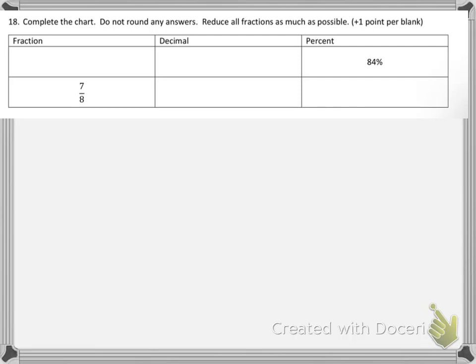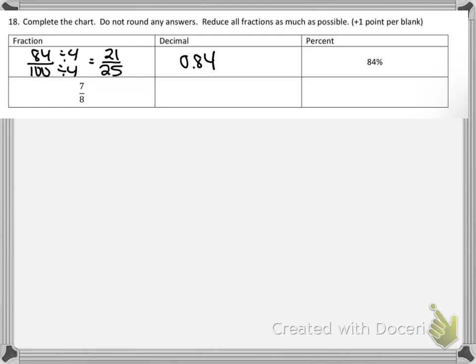All right, the next problem, we have to rewrite these. So the percent is 84%, that's the same as 0.84, or it's also the same as 84 over 100. Now remember 84 over 100 can be reduced. You can divide 4 on the top and bottom, and you can reduce it to 21 over 25.